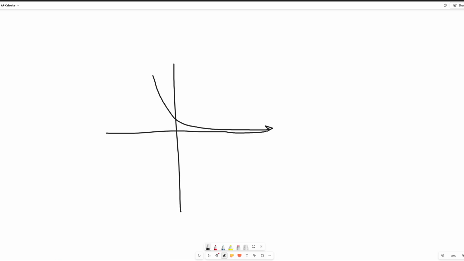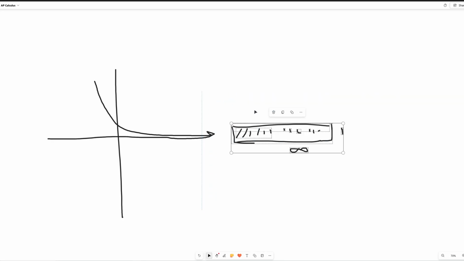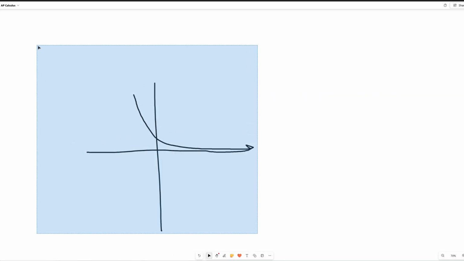If it's anything more than 0, let's say the y value is 1, the lowest y value is going to be 1. So if you have a y value of 1 all the way over, infinitely long, infinity times 1 is going to be the area of this, which is still infinity. So the y value must be 0. Otherwise, it diverges. That means it goes to infinity.